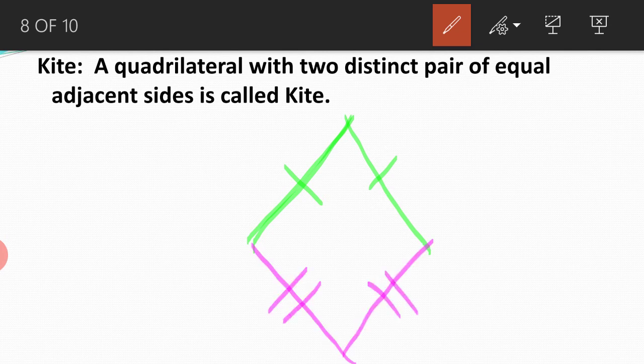But these two, the green one and the pink one, are not necessarily equal. If they become equal, then the quadrilateral will change to a rhombus. Is it okay? So a quadrilateral with two distinct pairs of equal adjacent sides is called a kite.